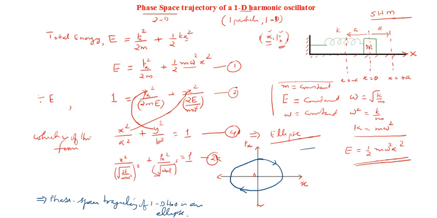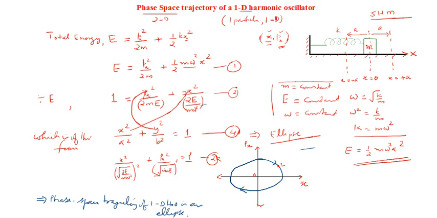Or I can say that each point, that was another idea we discussed, each point in the phase space trajectory will be representing the accessible microstate of the system. So you take a point over here. This is a point on the phase space trajectory of the one-dimensional harmonic oscillator. Let me say this is point number 1.